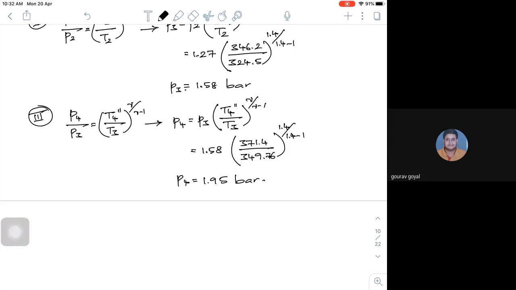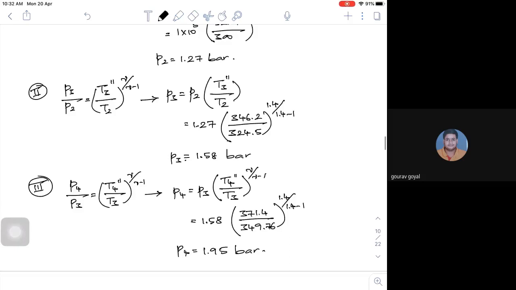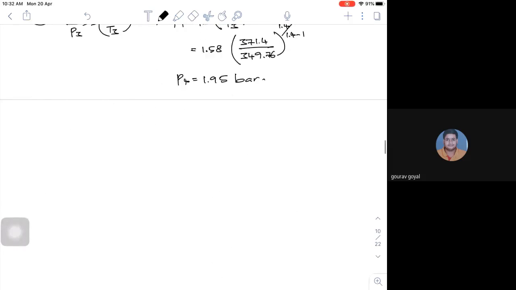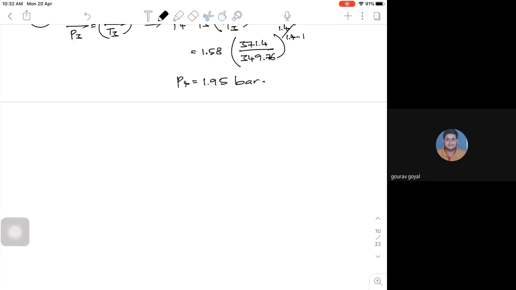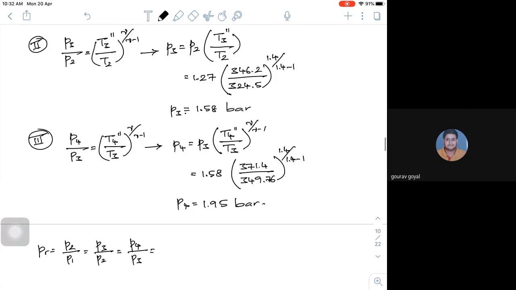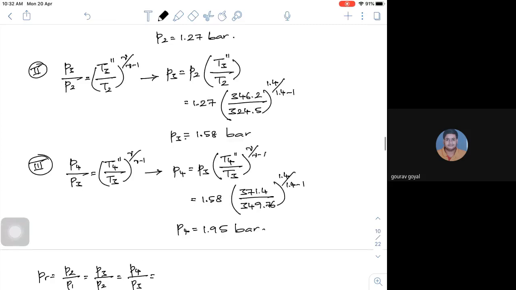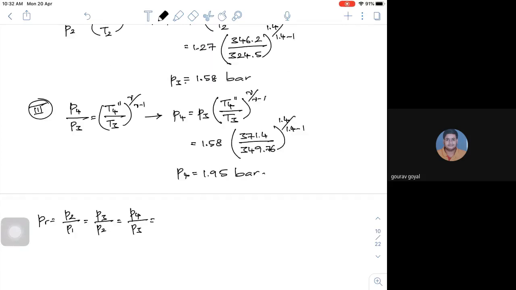So what is the pressure ratio? At any given point, maybe in the second decimal it may vary, but the first decimal will be 2. So the pressure ratio will be P2 by P1, or P3 by P2, and P4 by P3. If I take 1.27 by 1, or 1.58 by 1.27, 1.95 by 1.58, I'll be getting a pressure ratio of 1.2.